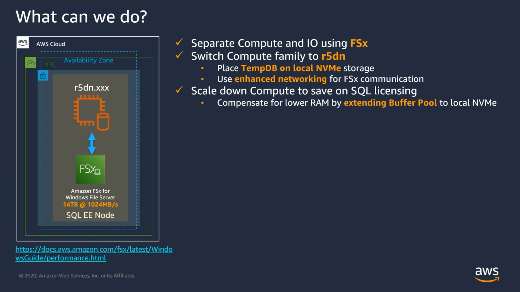This family of instances also provide locally attached, very fast NVMe storage, which we may use to store TempDB to improve performance and extend SQL Server buffer pool to compensate for lower amount of RAM on smaller instances.